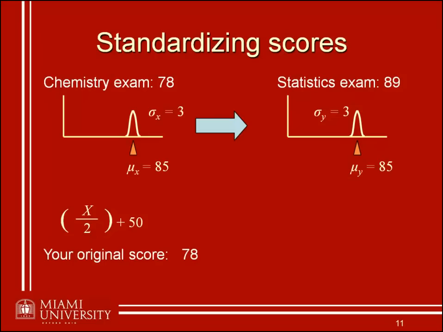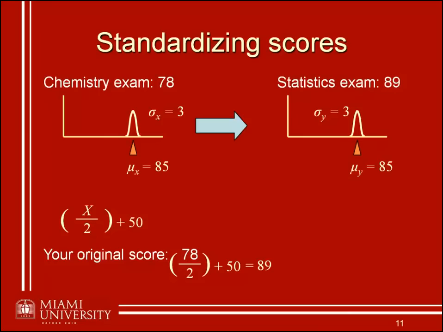So what you'll notice is that if you take your individual score of 78 on the chemistry exam and apply these operations in this order, first dividing by 2 would take your score of 78, divided by 2, and give you a score of 39. And then adding 50 to it would give you a score of 89.